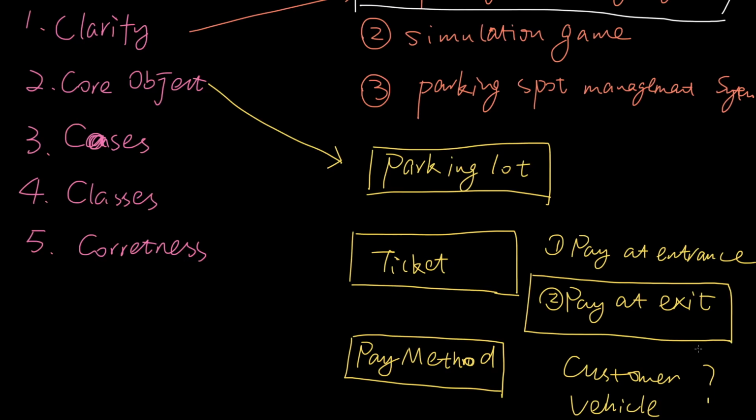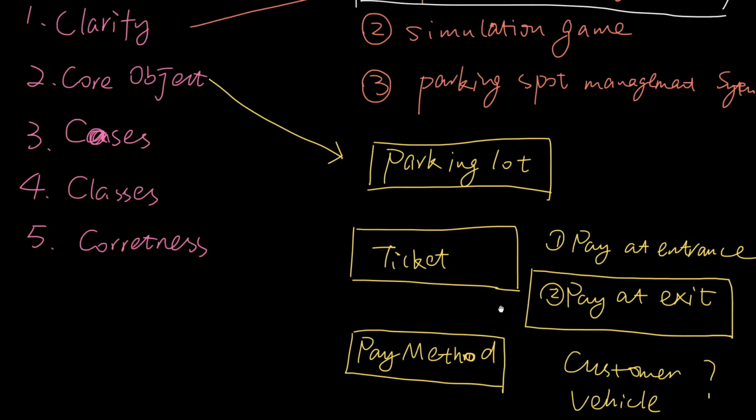Actually, they do not care too much about that. They mainly deal with the tickets. They issue you the ticket, and then they charge against the ticket. It doesn't matter who you are, or whether you are driving a red car or a blue car. For our use case, we do not need to care about the customer or the vehicle.